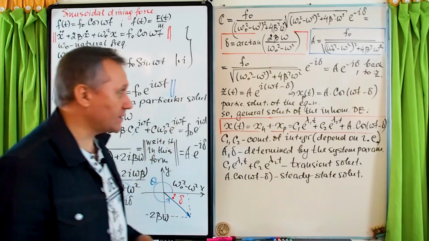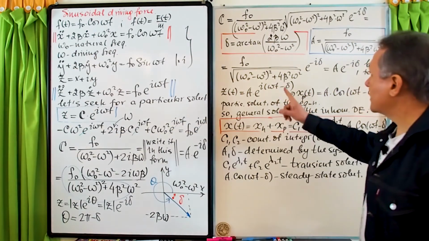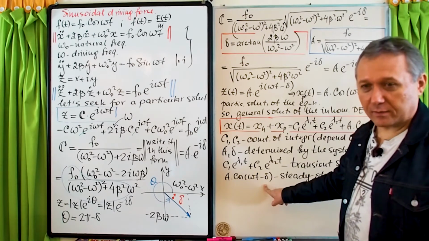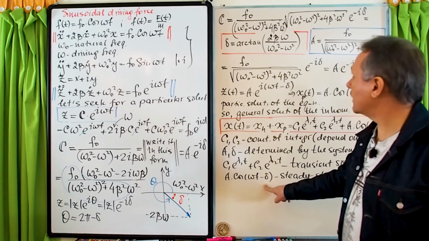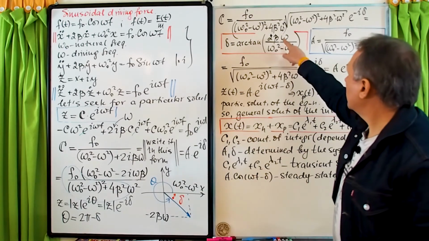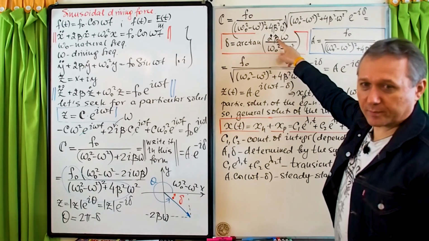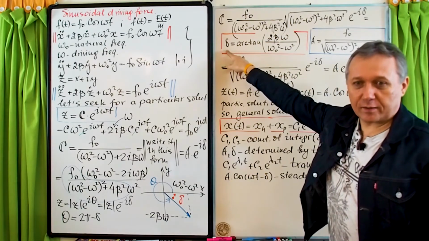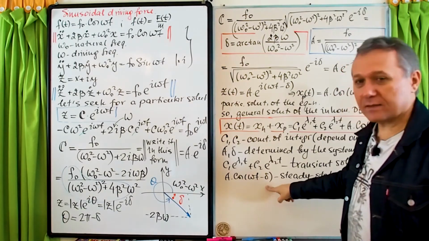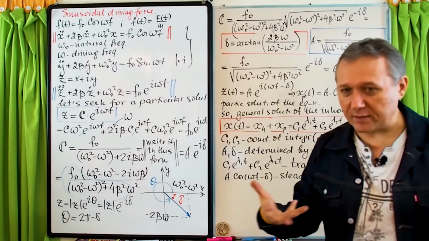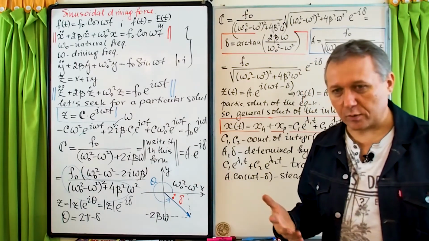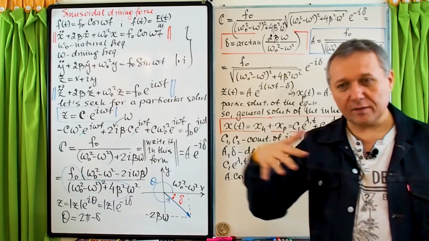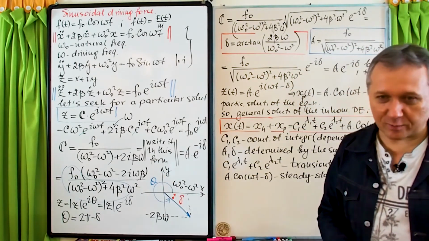In which case it doesn't lag behind? When, of course, delta equals 0. When does delta equal 0? When beta equals 0. If beta equals 0, then the constant delta is 0, and in that case, the system will respond instantaneously, immediately. So if the force is at the maximum, then the displacement of the system will be at the maximum.